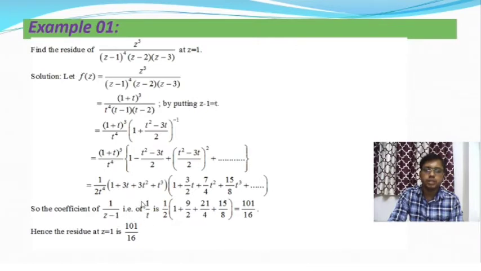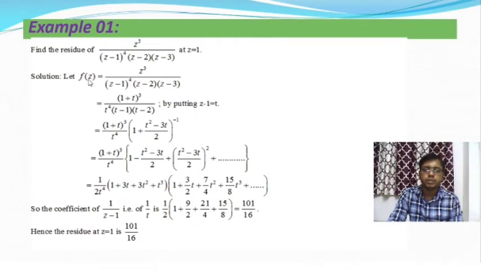That is 1 by 2 into (1 plus 9 by 2 plus 21 by 4 plus 15 by 8). After simplifying, the coefficient of 1 by t will be 101 by 16.